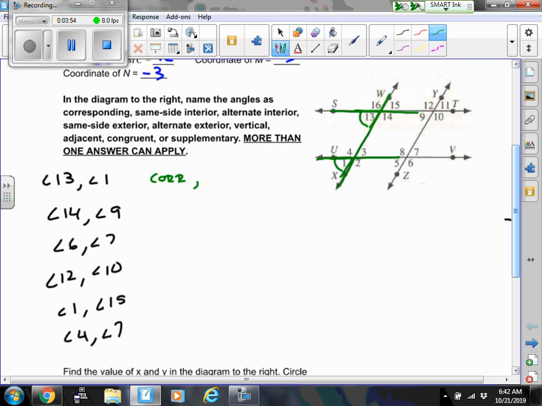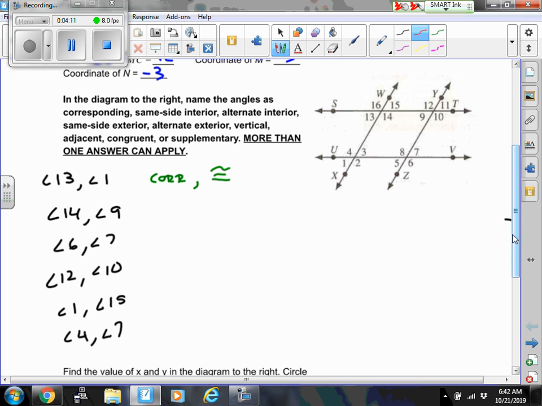And because they're corresponding, the pattern would fit, they'd be the same color, so they're congruent. I'm going to cheat, instead of writing congruent, I'm going to write it using the symbol. Erase your pattern, go to the next question.